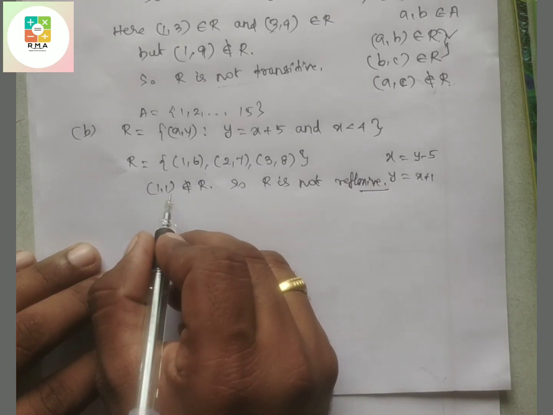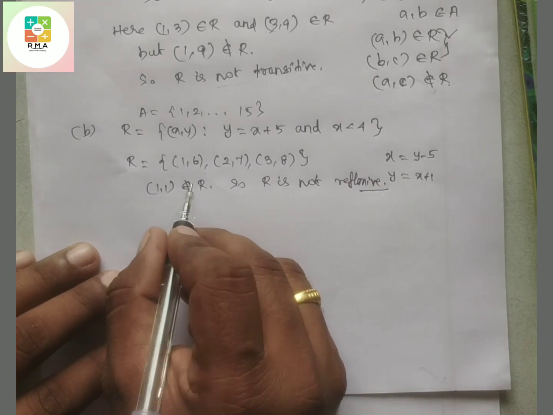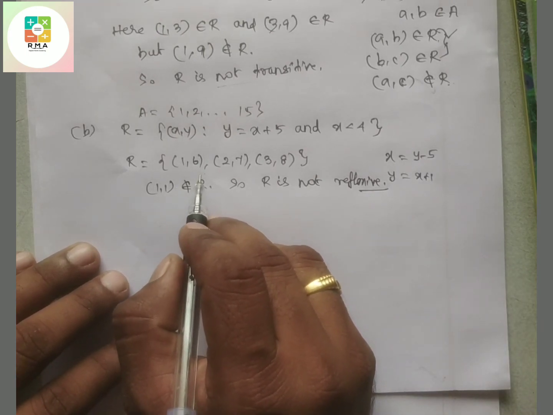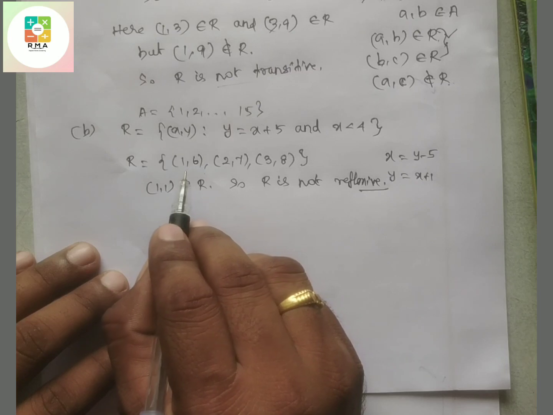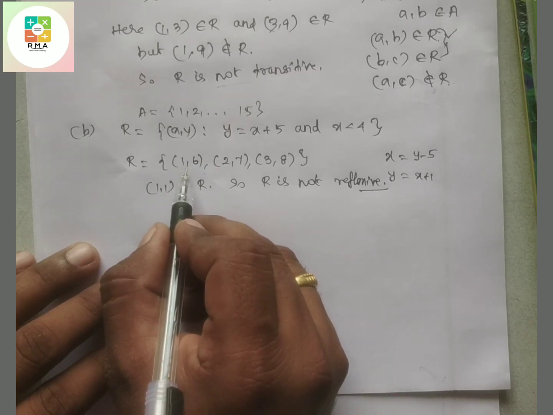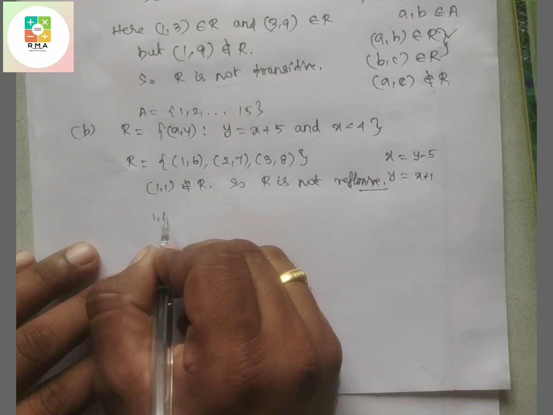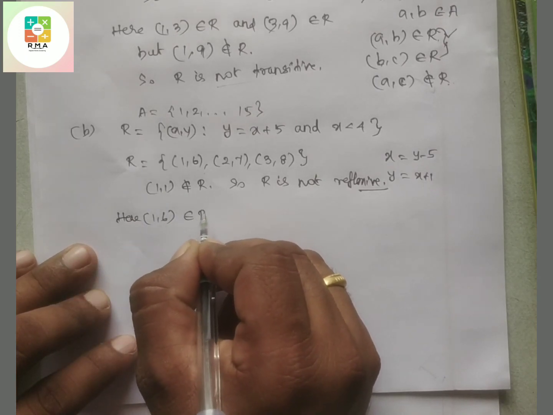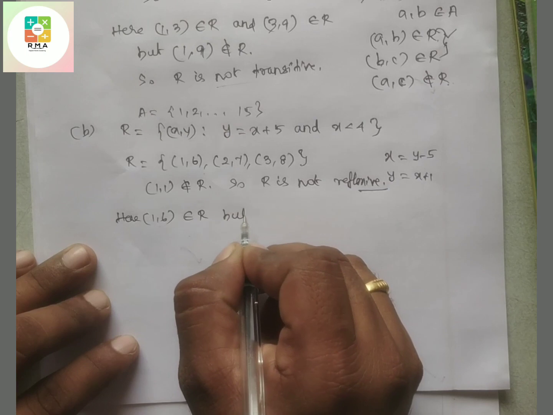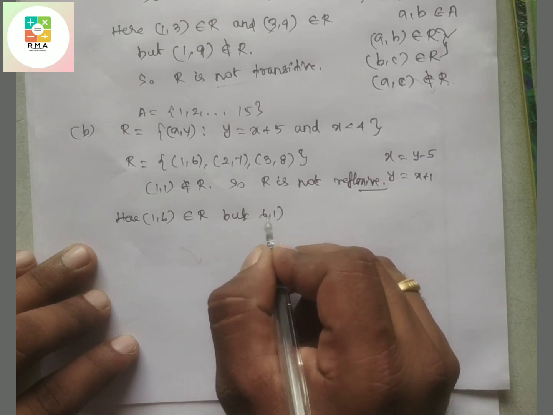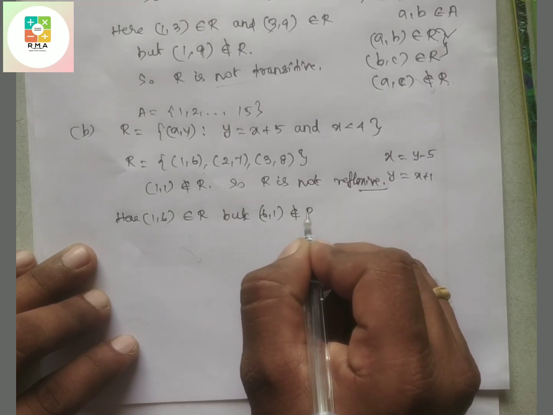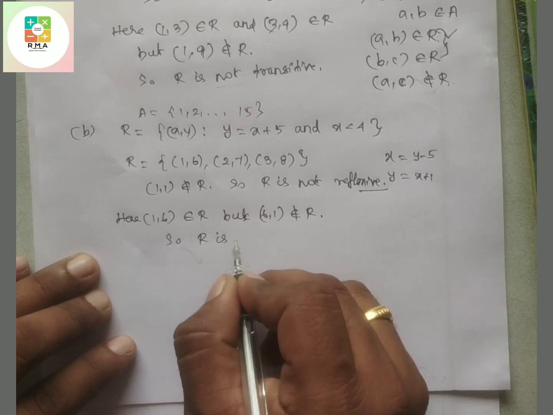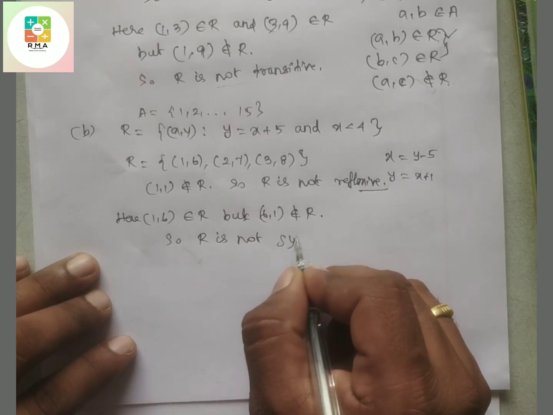Next, we will check symmetric. What is the definition? (A, B) belongs to R implies (B, A) also belongs to R. Taking the first element, (1, 6) belongs to R, but (6, 1) does not belong to R. So clearly R is not symmetric.